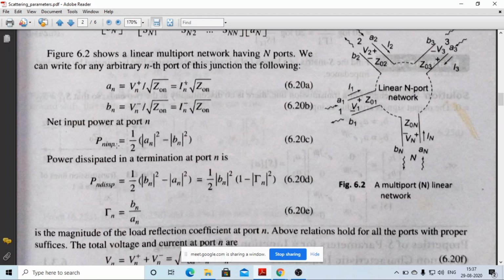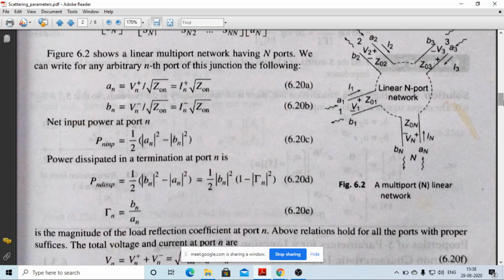For net input power, remember that it is half an square minus half bn square, and power dissipated in a termination of port n is the reverse of this. And when you take bn square common, it becomes 1 minus tau n square, because tau n is equal to bn by an.